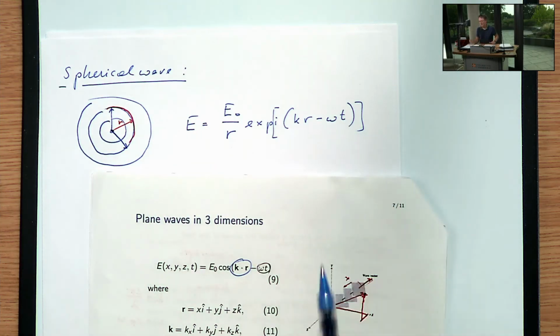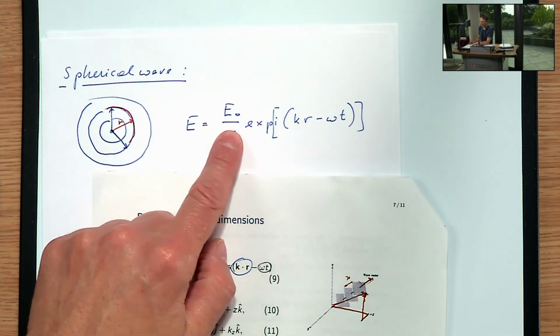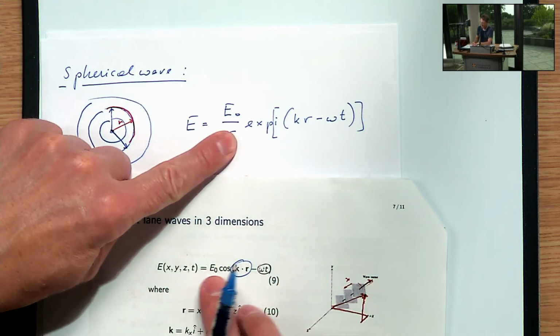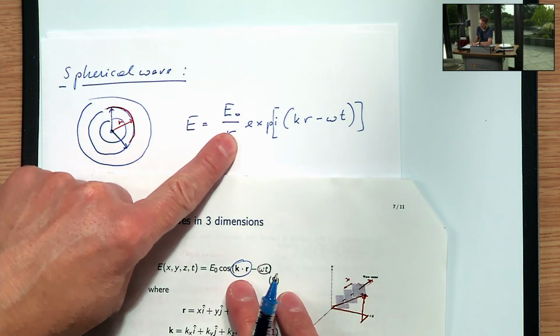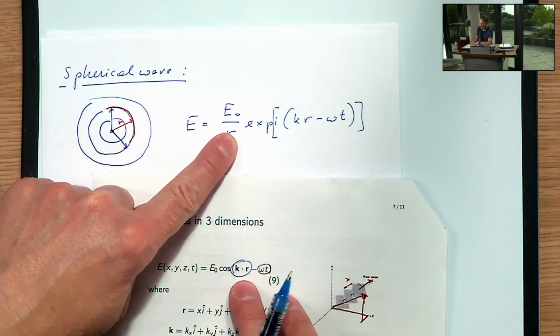And so that makes this equation much simpler. It looks, to all purposes, like this plane wave in 3 dimensions, except it's much simpler because you don't have to bother with this.